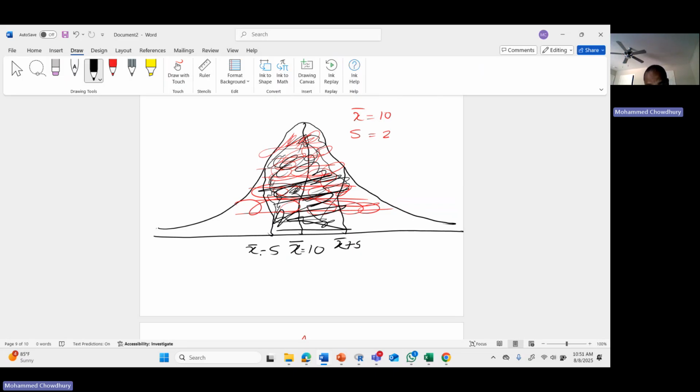Then within one standard deviation, if you subtract the standard deviation from the mean here and add the standard deviation to the mean here, within this part 68% of the data fall.